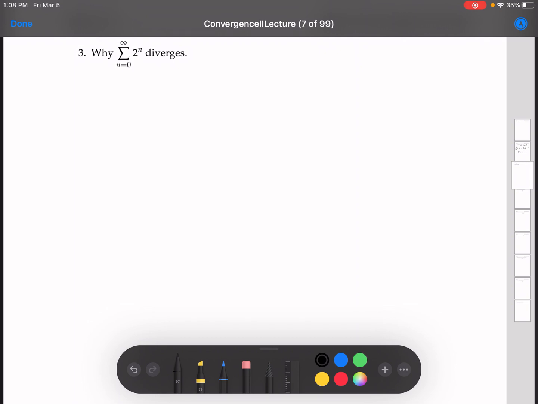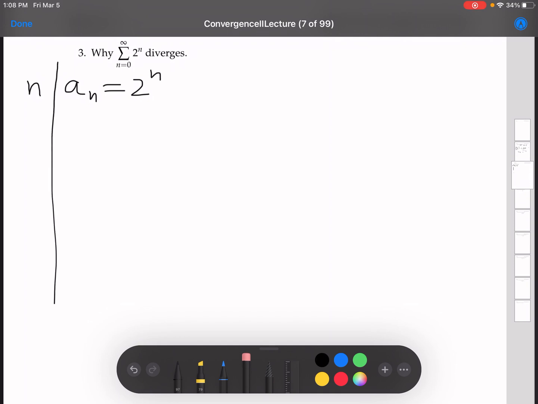So to draw these rectangles, let's first make a table of the a_n values. So n, and then a_n equals 2 to the n.